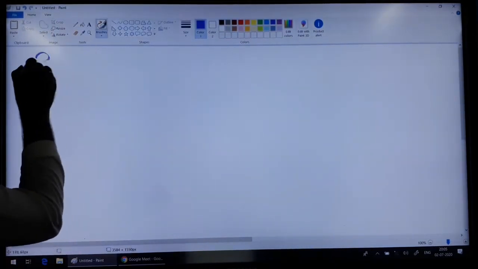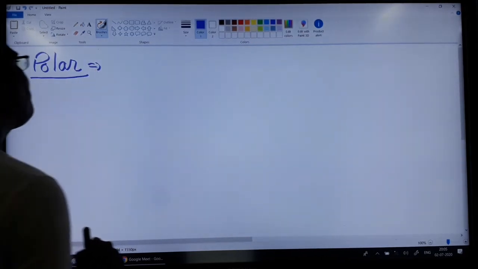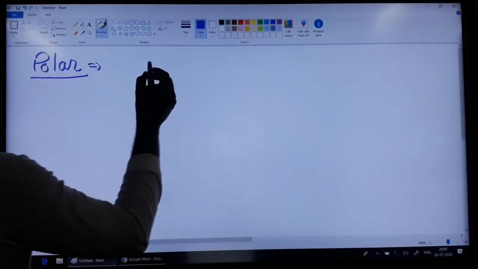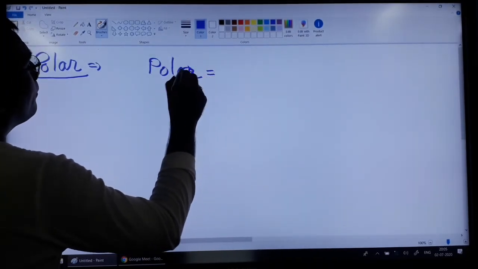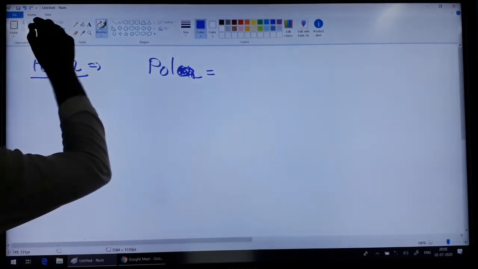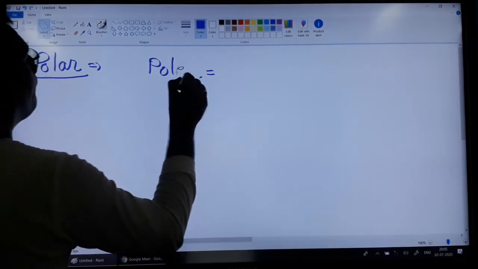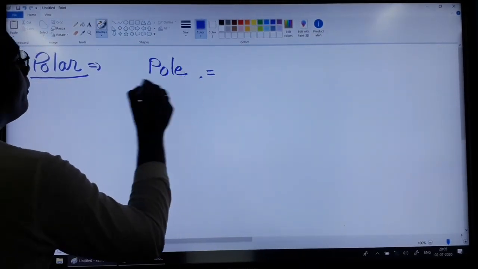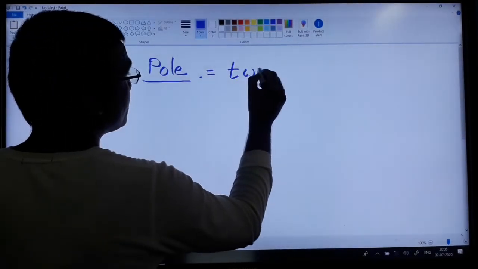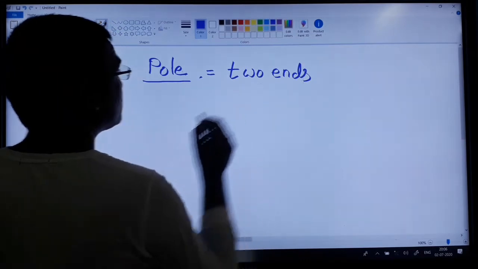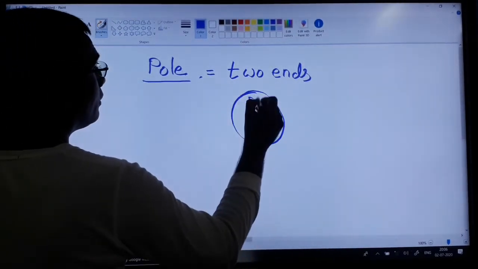Polar means what? What is the meaning of polar? Simply pole. Pole means ends. For example, we have two polar poles on our Earth, North Pole and South Pole.